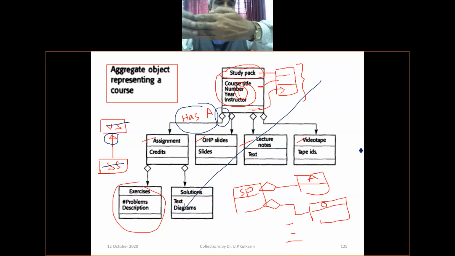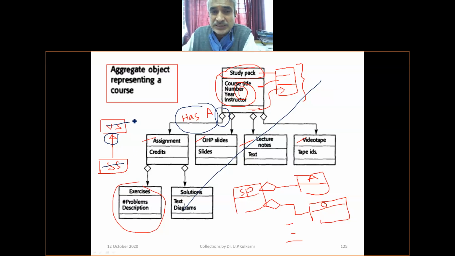Hand has a finger, a has-a relationship. Whereas, now consider that the VTU student is my father and SDM student is me, right? What I do is I inherit from my father, right? So I'll say SDM city student is a VTU student, and this is called inheritance.